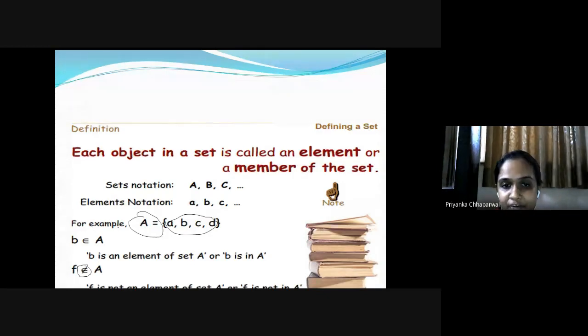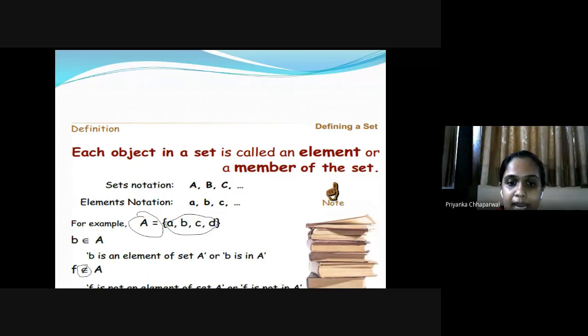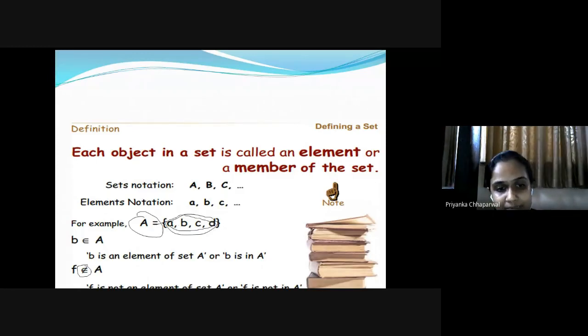Whatever objects you have defined are the members of the set. So b is an element of set A, and f is not an element of set A.